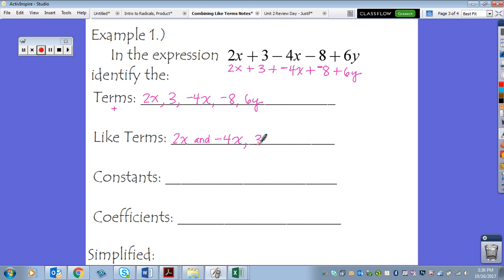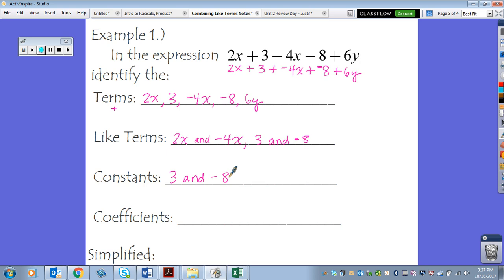We also have 3 and negative 8. And you're probably sitting there saying, but wait, they don't have a variable. Well, that's true. They both don't have a variable, so they both have the same type of variable, which is no variable. So 3 and negative 8 would also be considered like terms, okay?